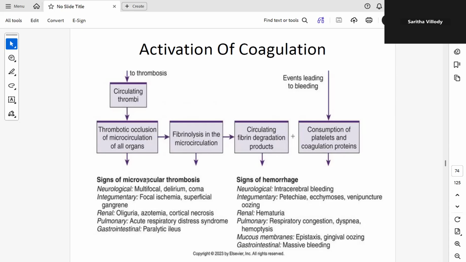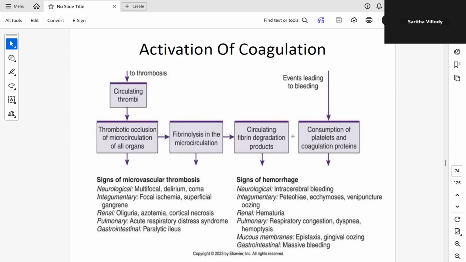So microvascular thrombosis will be manifested as ischemia, gangrene. In the renal system, it could cause renal failure, necrosis, acute tubular necrosis, which is a type of renal failure, respiratory distress syndrome, paralytic ileus, etc. In hemorrhage, we could see intracranial hemorrhage, those petechiae, ecchymosis.